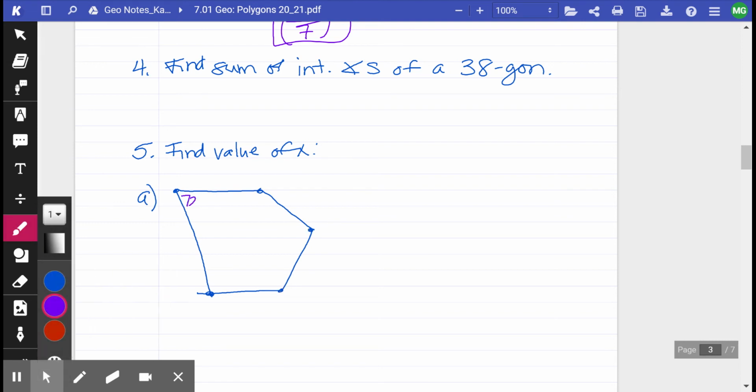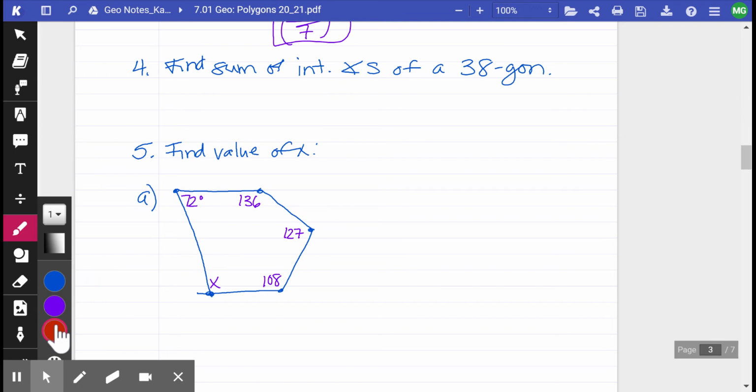So here's 72 degrees, 136, 127 degrees, 108, and we'll call that x. I want you to find the value of x. So pause the video and try to think through how you might be able to do this and do it.